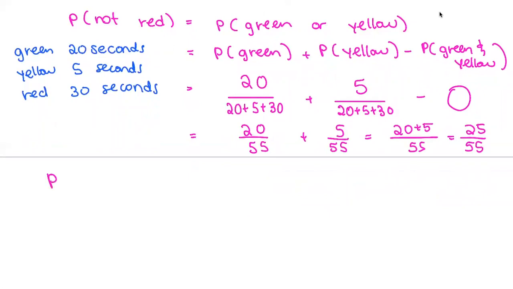The probability of not red is the same as 1 minus the probability of red. Now this comes from the fact that the 1 represents all of the possible outcomes in the sample space. If we take away the red options, all we're left with is the not red options.